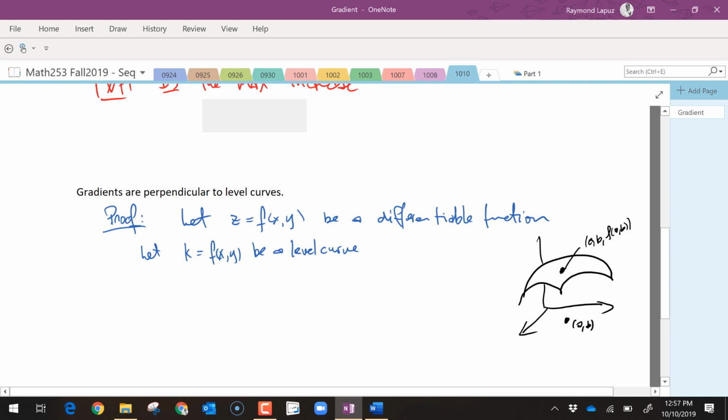Okay, so if we're focused on that particular point, what is the plane z equal to k that we're going to cut it with? So I mentioned that there's this plane that's going to cut this surface at level k. What is the height of my plane if I want to include that point? f of (a, b), the z component of that point.